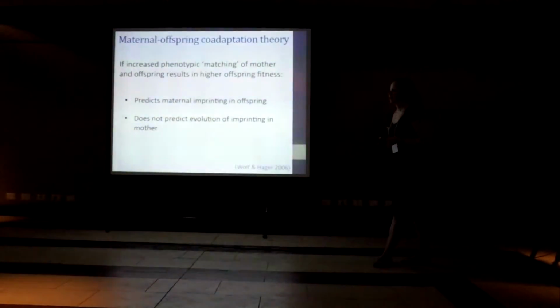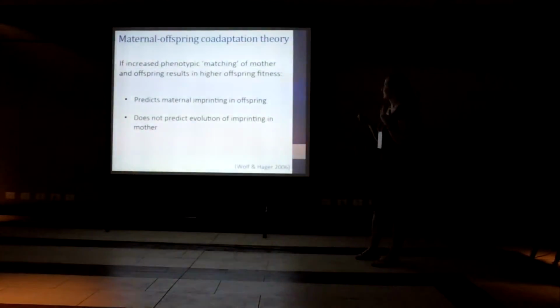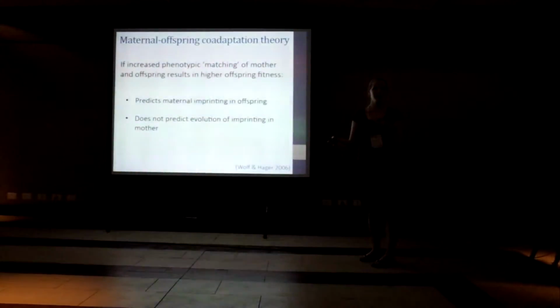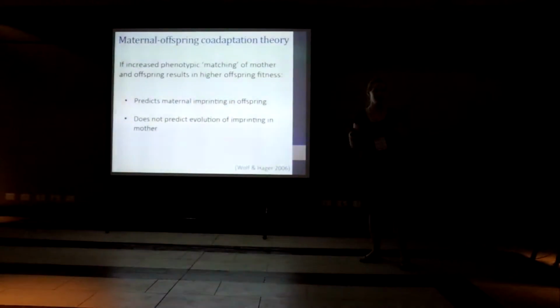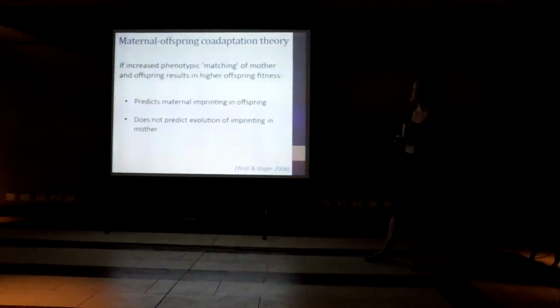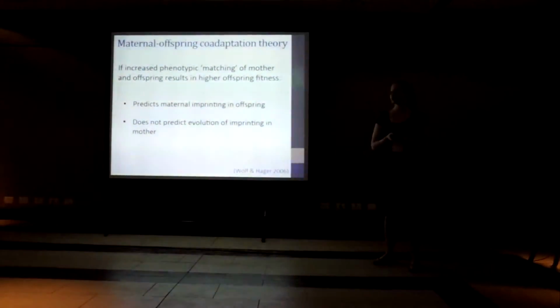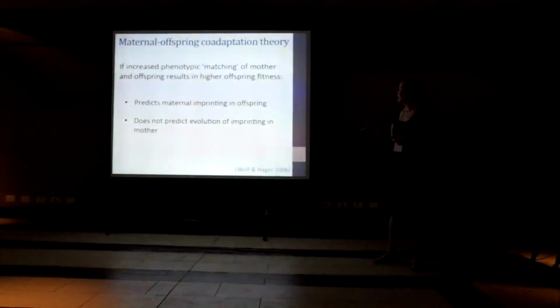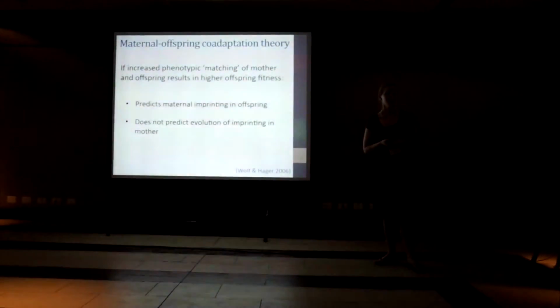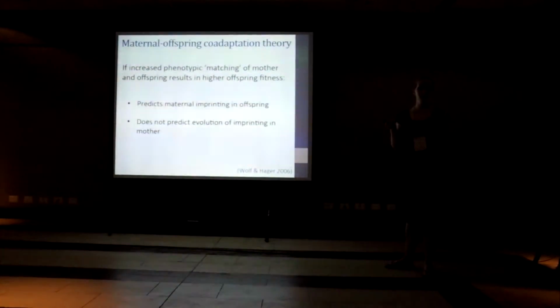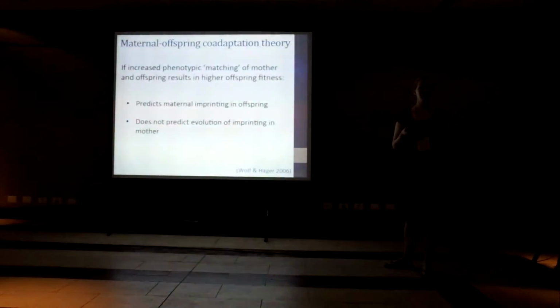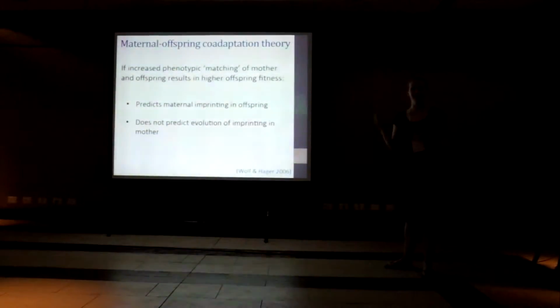So, if there is selection for increased phenotypic matching of mother and offspring, so coadaptation of particular mother-offspring combinations, then this model predicts that there will be maternal expression, I should say, in offspring, because offspring share their maternal allele with their mother, whereas in a randomly mating population, their paternally derived allele is not going to be related to their mother.